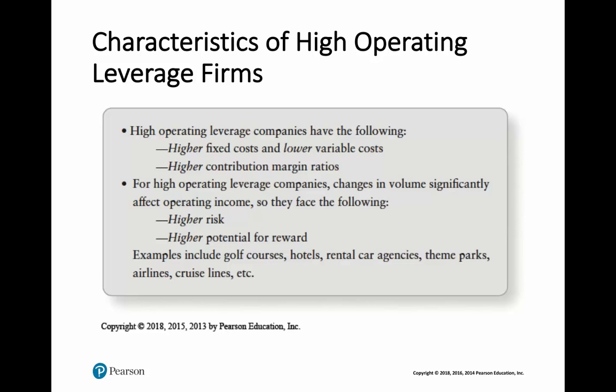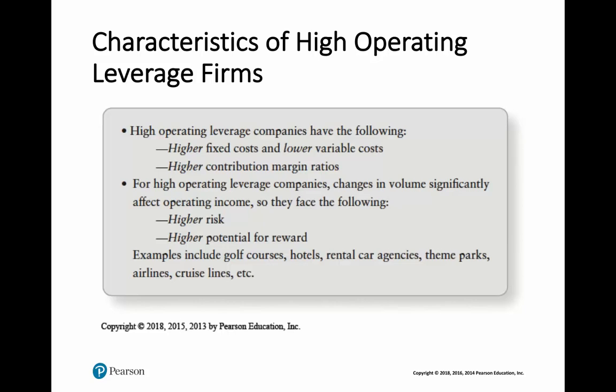All right, so if we think about a company that has a high amount of fixed expenses, a very high contribution margin, where most of their expenses are fixed. If they have $1 million of fixed expenses and they have a year where they have $500,000 of sales, they're going to have a big loss because they still have to cover all those fixed expenses.